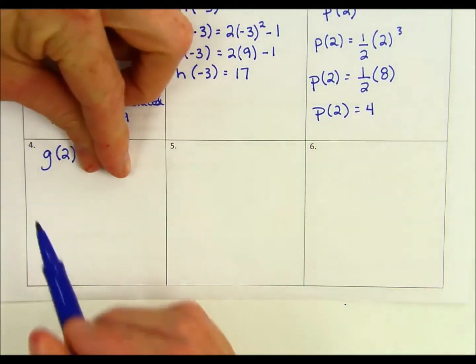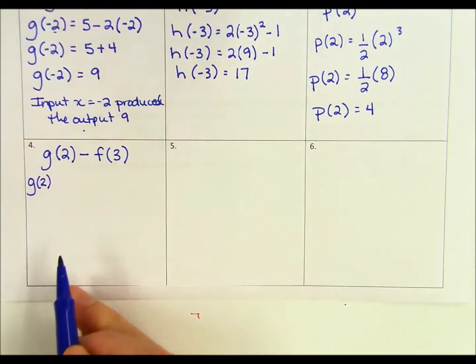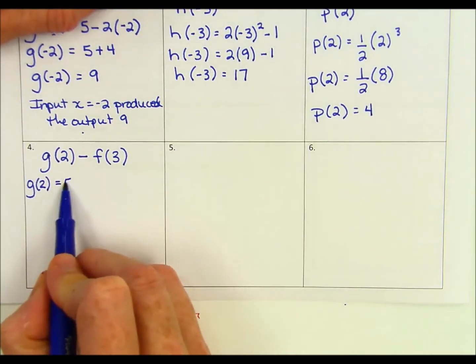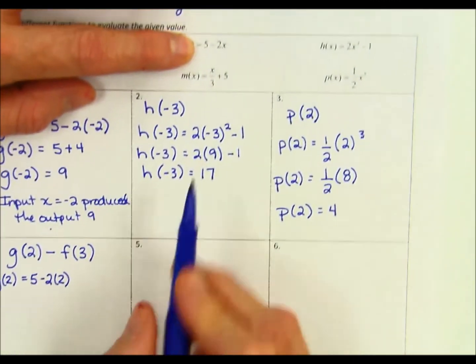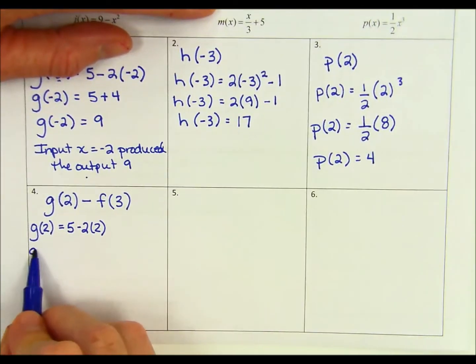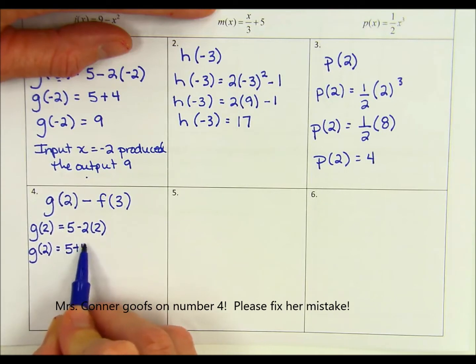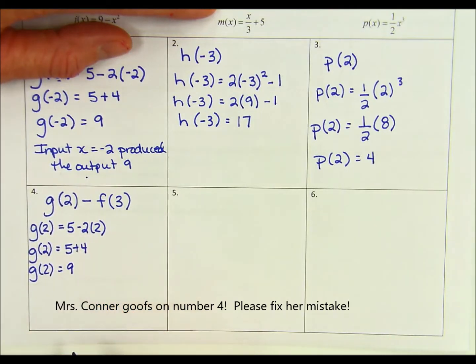So you would cover up this one and you would do g of 2 first. So g of 2, we find g. It is 5 minus 2 times 2. I got g from up here in the bank. So g of 2 would be 5 plus 4. So g of 2 would be 9.